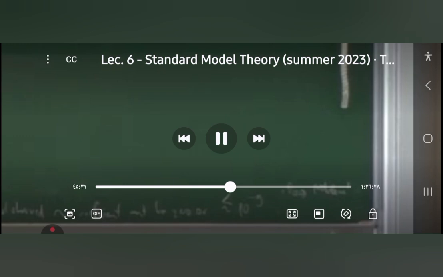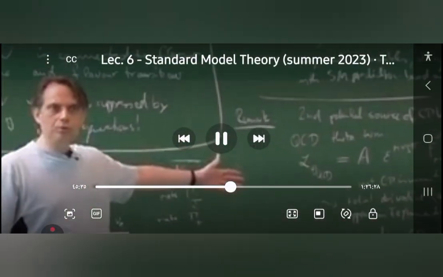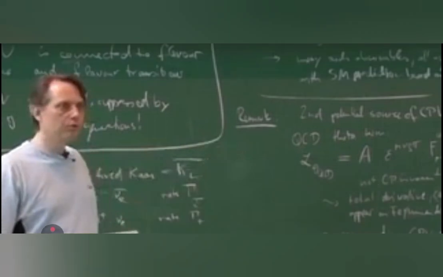Because people try to find a reason why that term should be 0 or why it should be extremely small, such that we do not observe its effects, even though in principle it could be there. But anyway, from the phenomenological point of view, it is correct to drop the term because we have not seen its effects. But just so that you know that in principle such a term would exist.